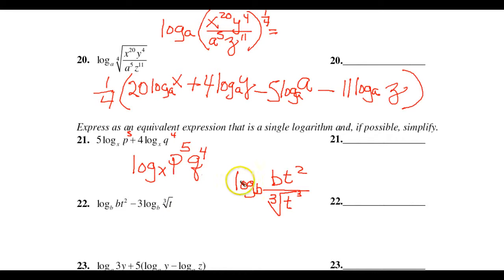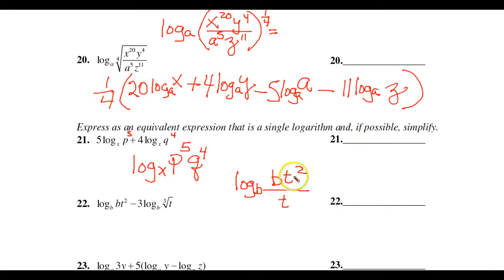So we're just putting this into its single unit form, so to speak. Now this negative indicates it's in the denominator. And notice an interesting thing happens here. What is the third root of t cubed? And I'm going to erase that because the answer is just t.